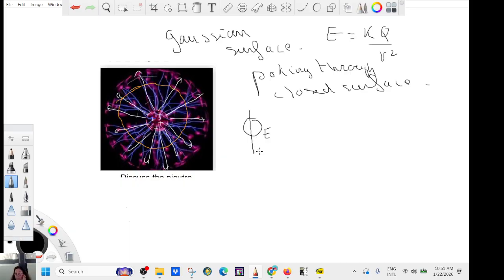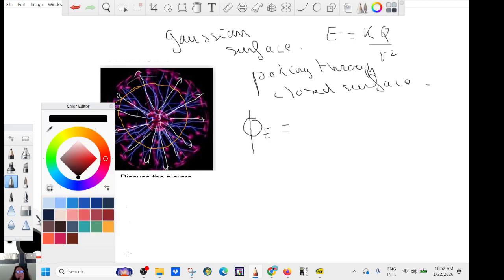And you can also use that physical quantity if you are studying hydrodynamics, right? Fluid mechanics. So just the amount of fluid poking through that closed surface is going to be called the flux.